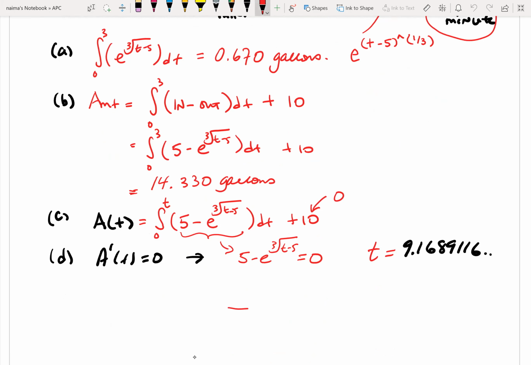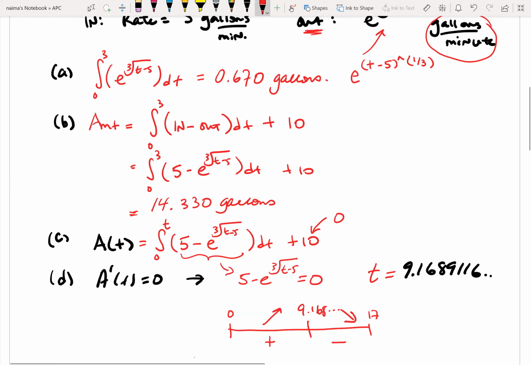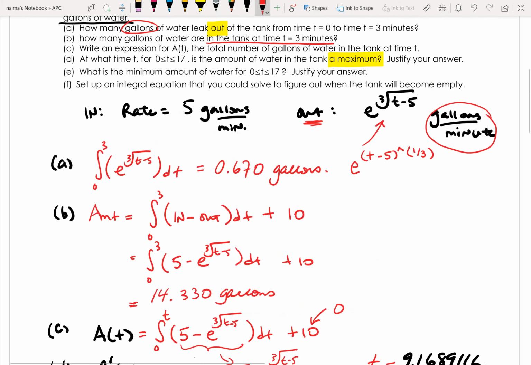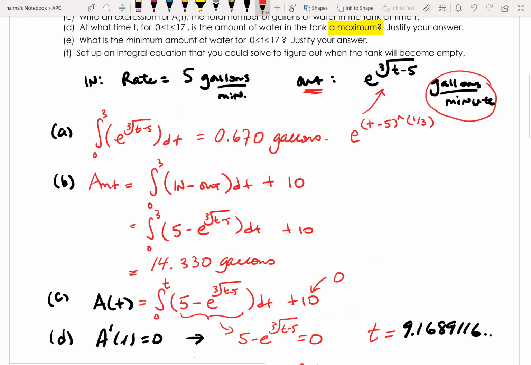Justify my answer. So when we take a look at the graph, we're going from 0 to 17. You found that this is 9.168 something. And if you graphed it to find your integral, you can also see that it's above the x-axis here and below the x-axis here. So you can get yourself your nice little first derivative test really quickly. It says, at what time is the amount of water in the tank a maximum?